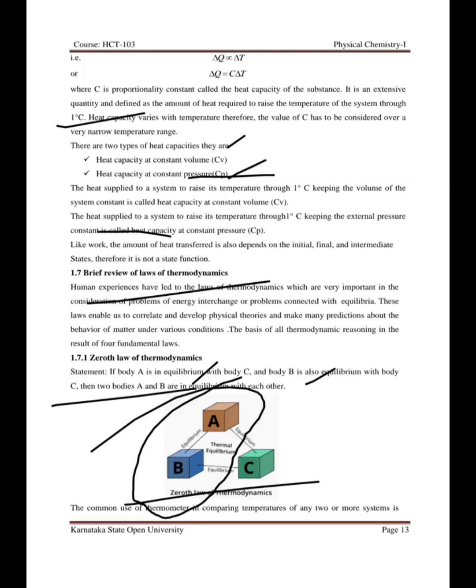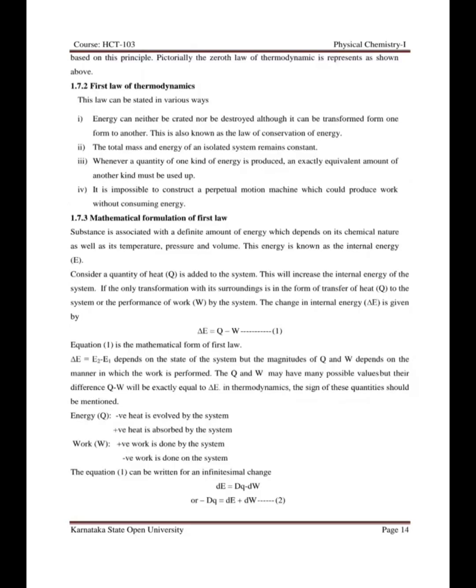Next is the first law of thermodynamics, where energy can neither be created nor destroyed, although it can be transferred from one form of energy to another. That is the first law of thermodynamics.